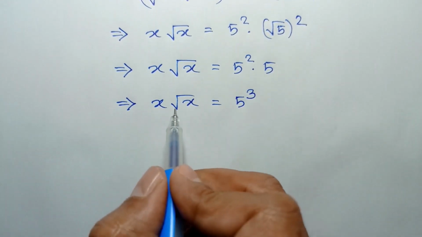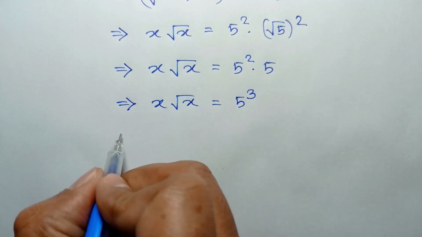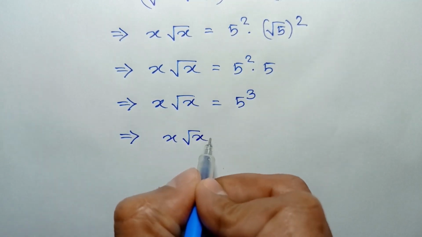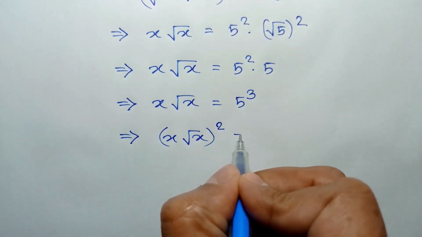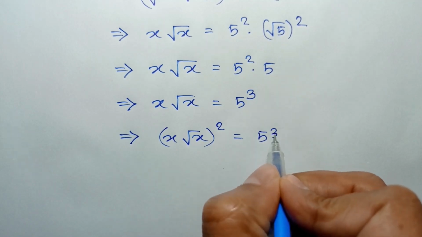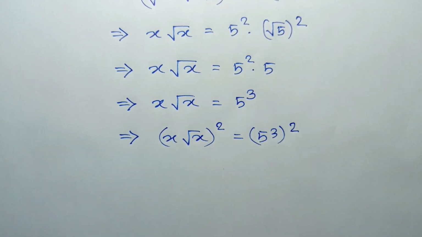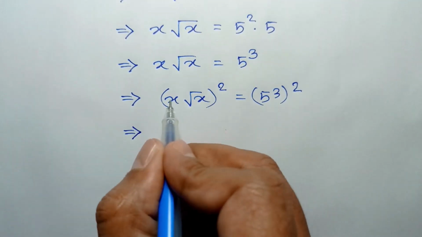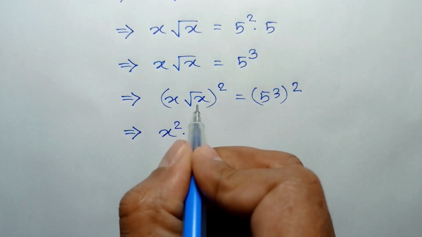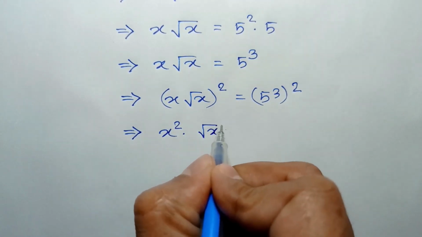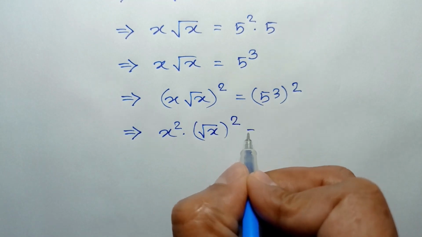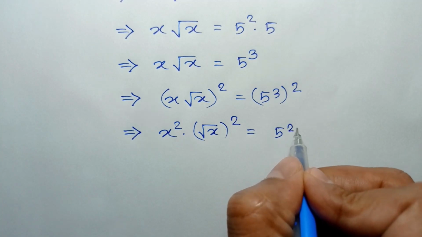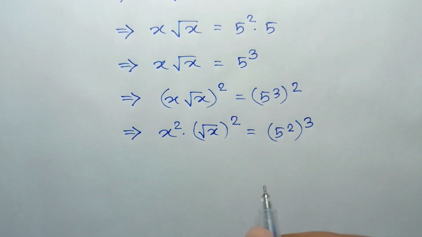Now taking square to both sides again, we can write (x square root of x) whole square is equal to (5 cube) whole square. Or this x square times (square root of x) whole square is equal to, this can be written as (5 square) whole cube.